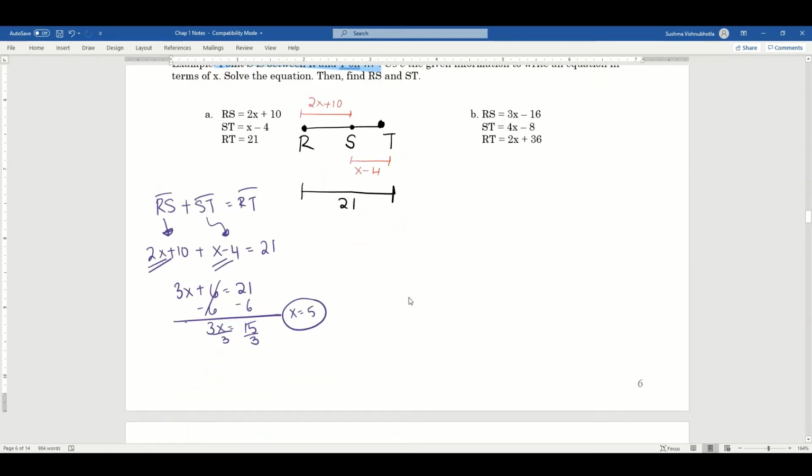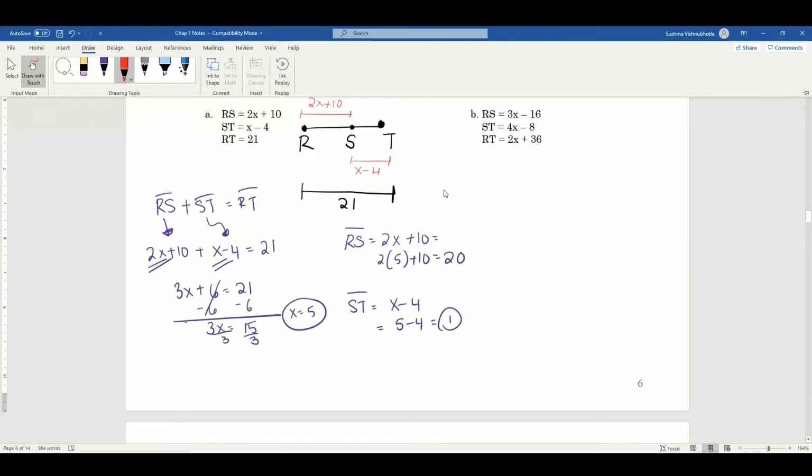But again, the question asks you to find both segments. So RS is going to be 2 times 5 plus 10, which is 20. And ST is going to be 4 less than 5, which is 1.